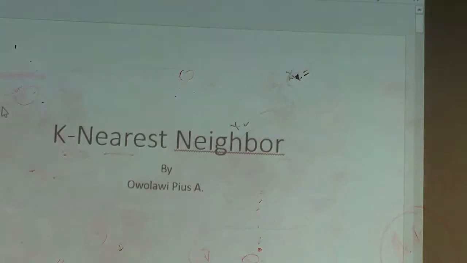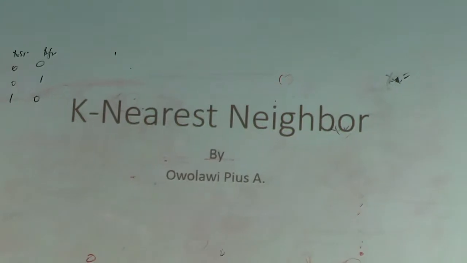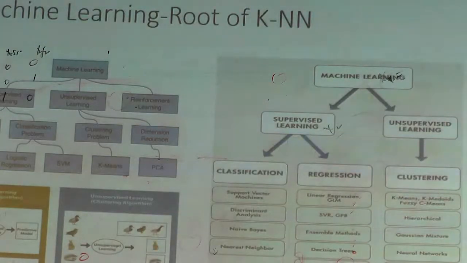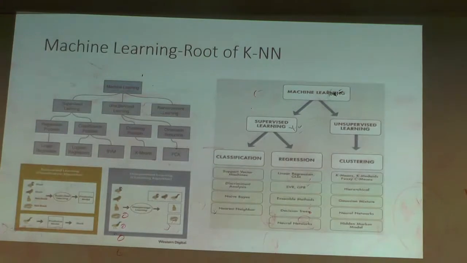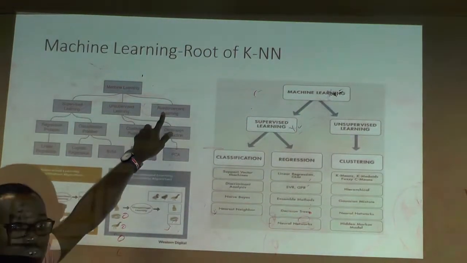Let's start with our lecture on K-nearest neighbor. As I've told you earlier on, let me walk through. When we talk about K-nearest neighbor, let's look at the entire machine learning. As I explained earlier, we have supervised learning, unsupervised learning, and reinforcement learning.